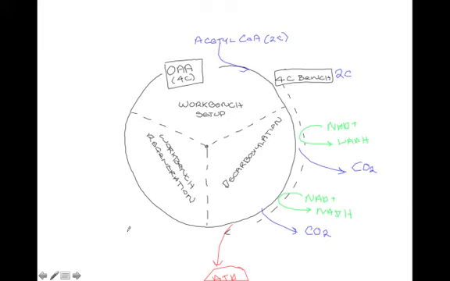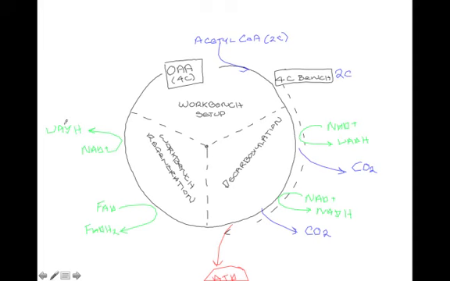So we'll see that there's a new electron carrier, our FAD, comes in and picks up 2 electrons and 2 hydrogens and leaves as FADH2. In addition, we'll see that another NAD comes in to pick up electrons and hydrogens, carrying them away as NADH.